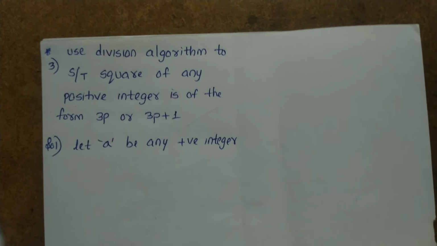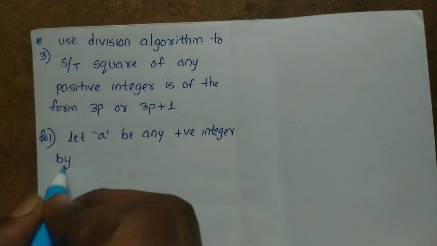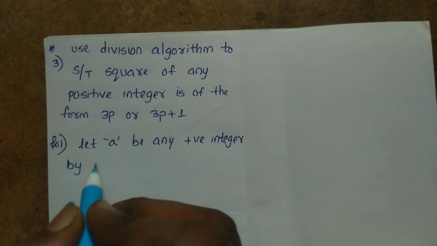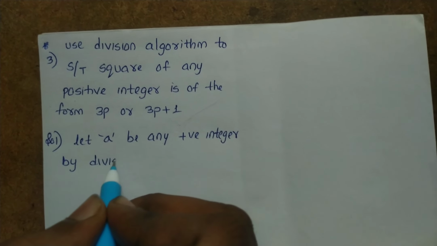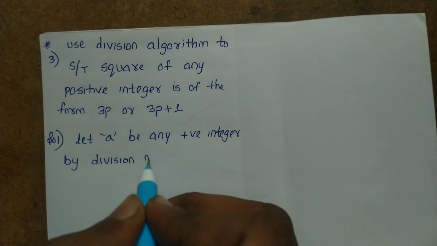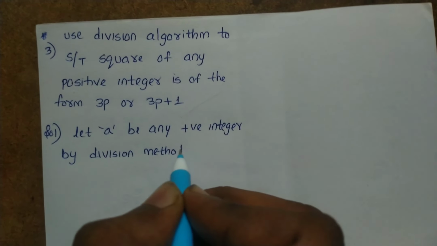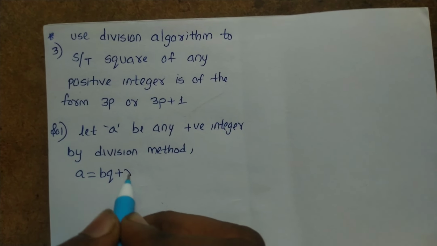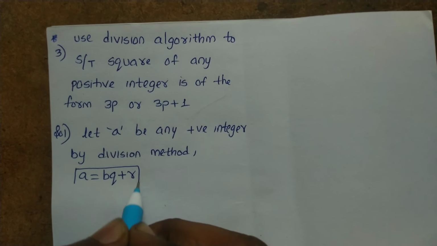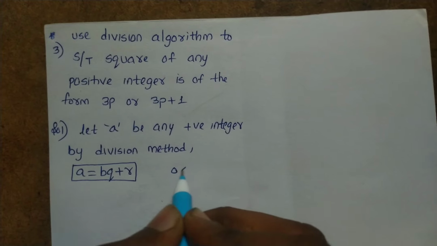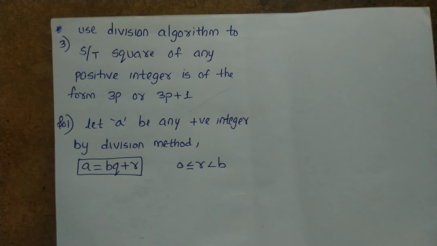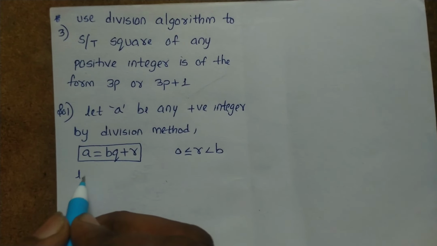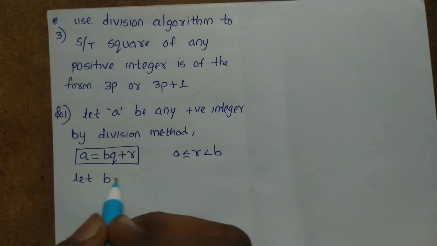If a is a positive integer, just like the previous problem, by the division method we already know a is equal to bq plus r. This is our condition, right? And similarly 0 is less than or equal to r, which is less than b. So here let us assume b equal to 3.